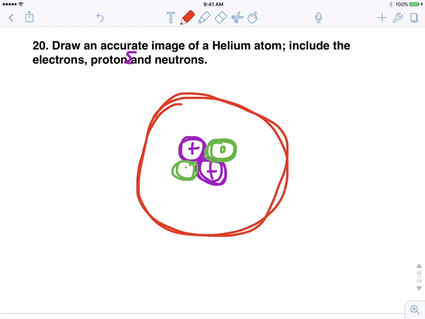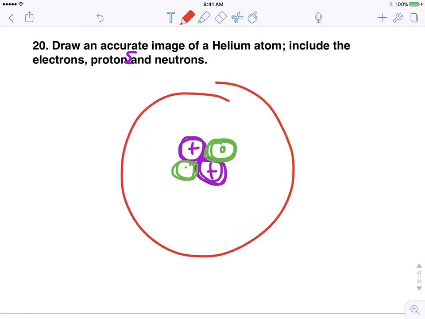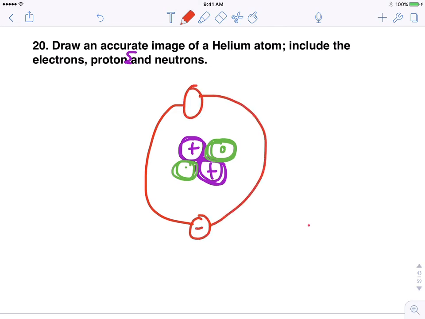The first shell, the shell closest to the nucleus, can only house 2 electrons. One here and one here.